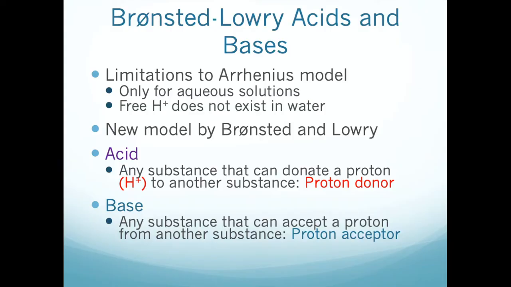Now, at this point, this is very similar to the Arrhenius definition, where an Arrhenius acid is something that gives off H+ as well. Just for the convenience of saying this out loud, instead of saying the word hydrogen ion, we refer to hydrogen ions as protons. So we call an acid a proton donor.